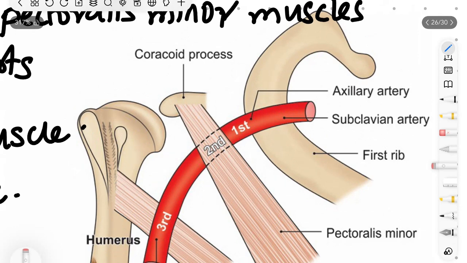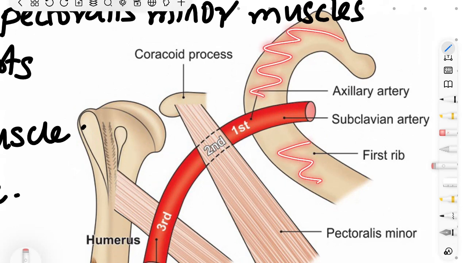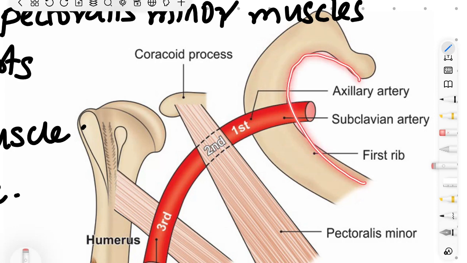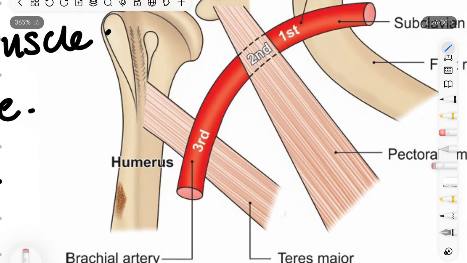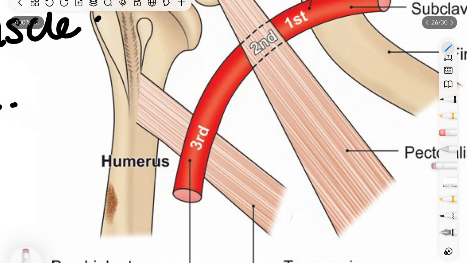We'll try to understand. So, this is the first rib, right? This first rib has two borders. This is the inner border and this is the outer border. So axillary artery starts from the outer border of first rib. Now till where does it extend? It extends to the lower border of the teres major muscle.